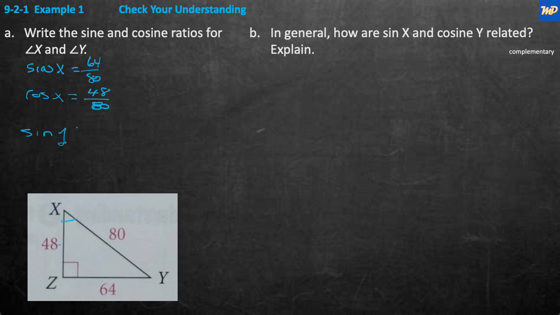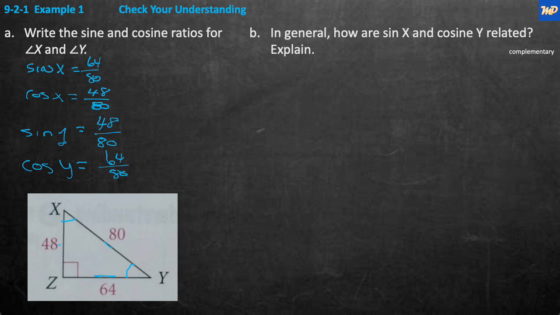The sine of y is equal to, here's y, the side opposite is 48 divided by the hypotenuse, again, 80. And then we have the cosine of y. That's equal to, cosine is the side adjacent, 64 divided by 80.